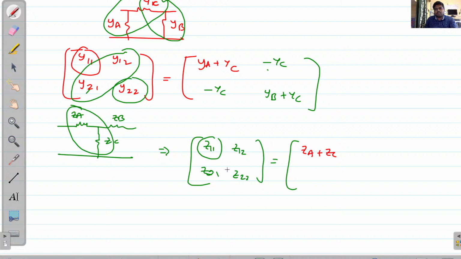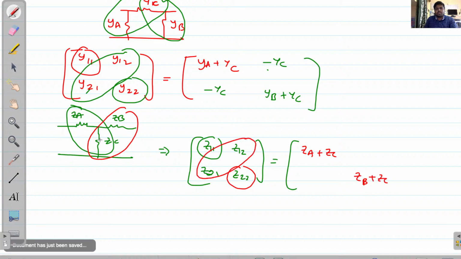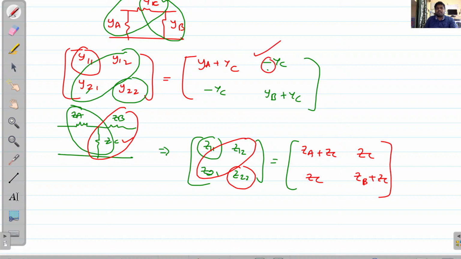If you want Z22, you can add these two, then you will get ZB plus ZC. If you want to find the middle elements, you can take the middle value, that is ZC, with positive sign, whereas in the case of Y parameters you take negative sign, but in the case of Z parameters you take positive sign. So this is the shortcut form for Z as well as Y parameters.